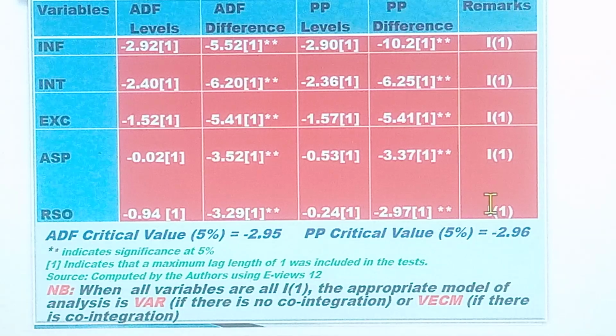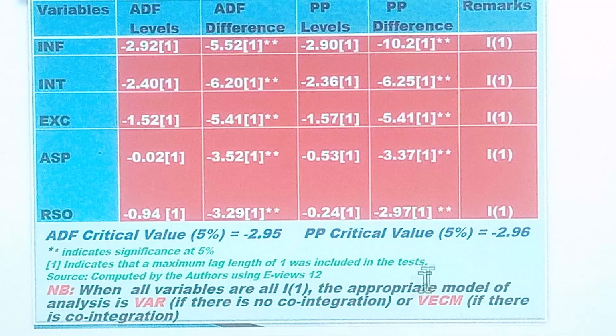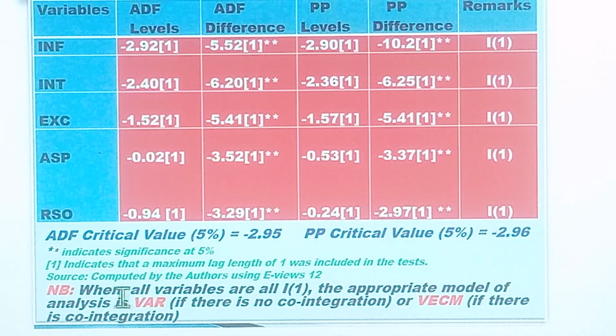So when all the variables of your study are integrated of order 1, then theoretically the appropriate model of analysis is given below. These are the conditions. When all variables are I1, the appropriate model of analysis is VAR if there is no co-integration, or VECM if there is co-integration.